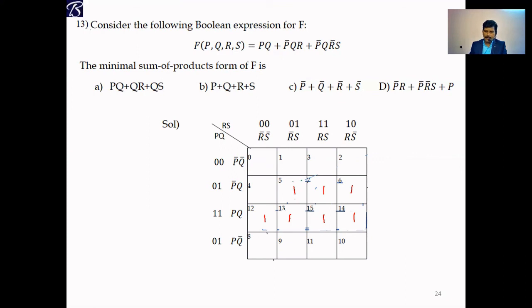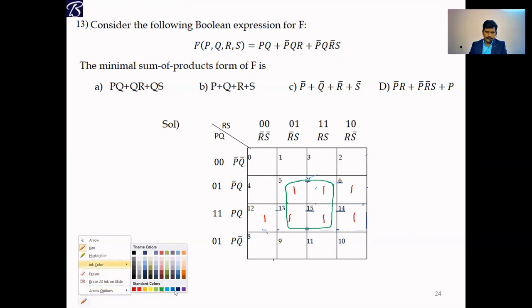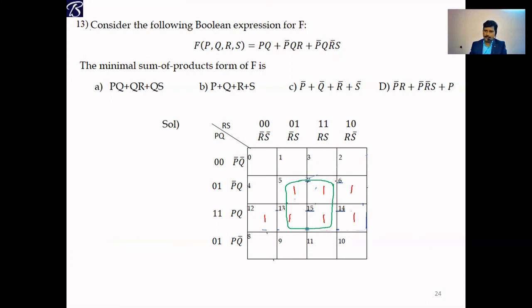Consider this one. The maximum possible group is this one. This is first one. And consider this one, the maximum possible group is this one.